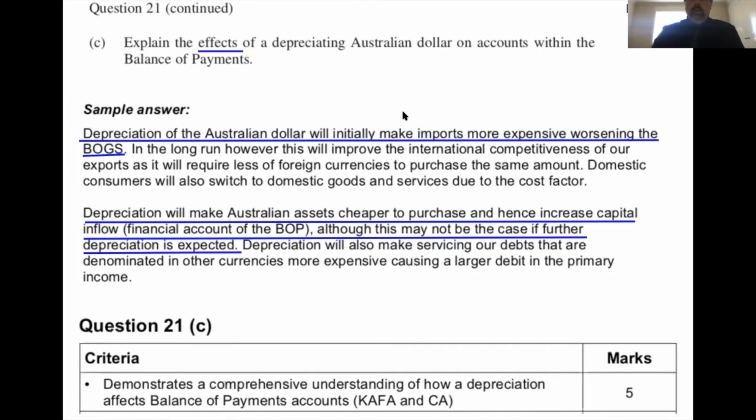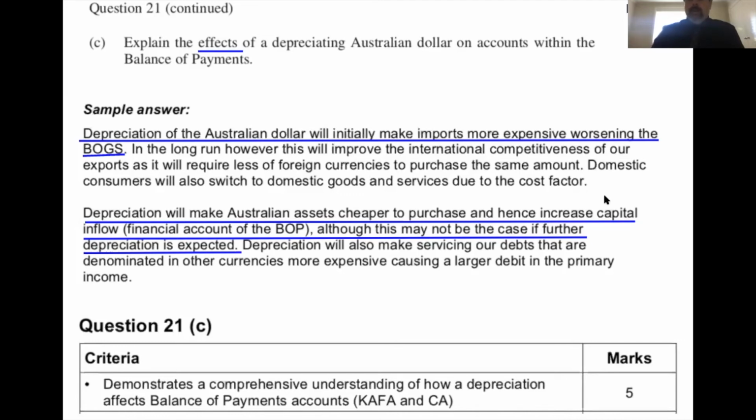So straight away, depreciation, we've got the effect, more expensive, and we've got the component is the BOGS. In the long run, and this notion of long and short run in economics is very important in your answers, this will improve the international competitiveness of our exports as it will require less of foreign currencies to purchase the same amount. Domestic consumers will also switch to domestic goods and services due to this cost factor.